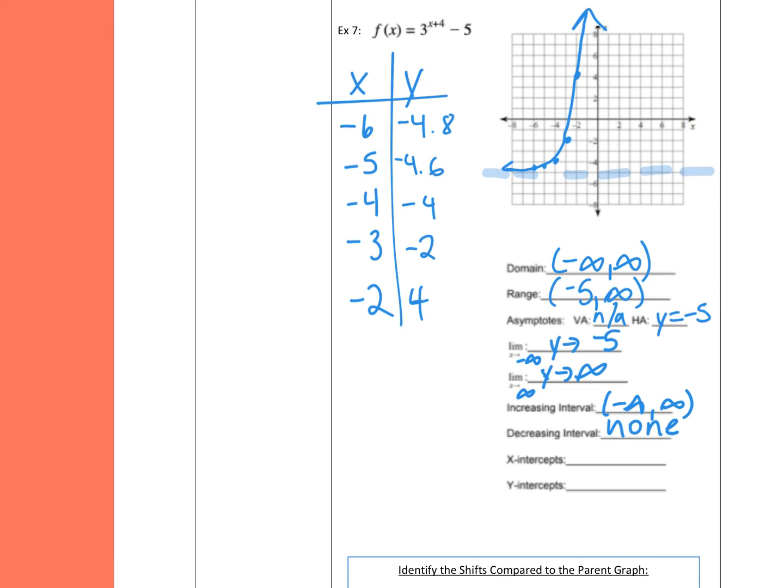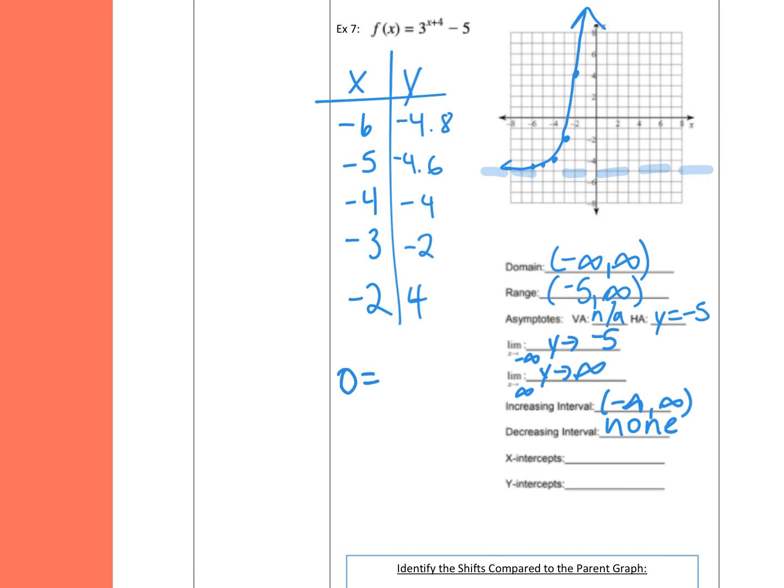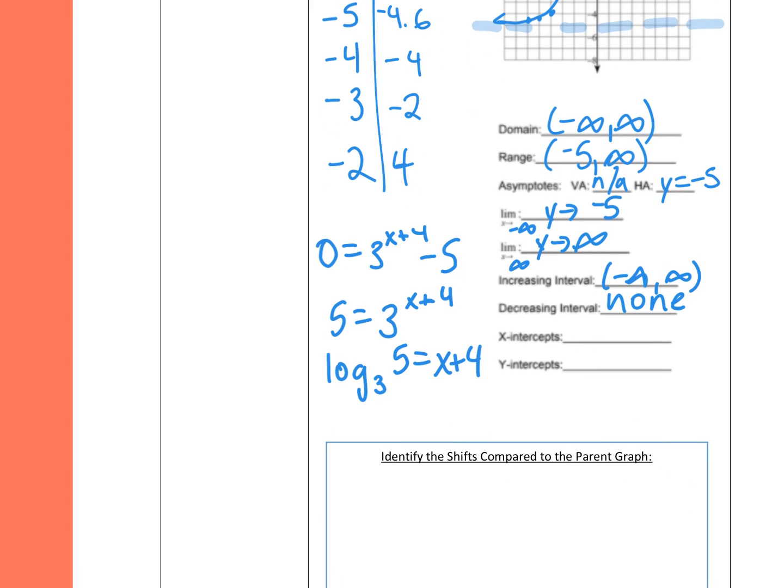How would I set that up? Okay, and then do what? Add 5. Make a log. Base of a value equals. What would I type in my calculator?